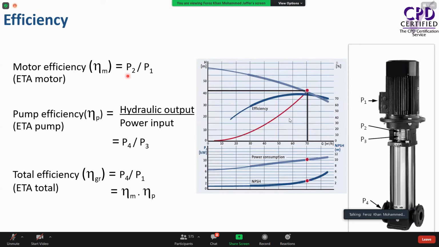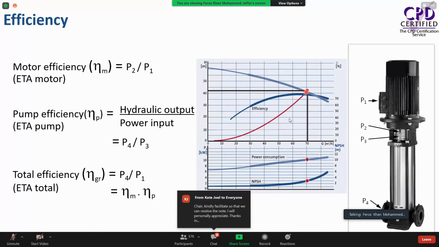Then coming to the pump, we have the hydraulic output. And we have also seen the formula when Stefan was presenting: flow into H divided by 367. That's the formula to calculate hydraulic output. It will be calculated from the performance curves given by the pump manufacturers.